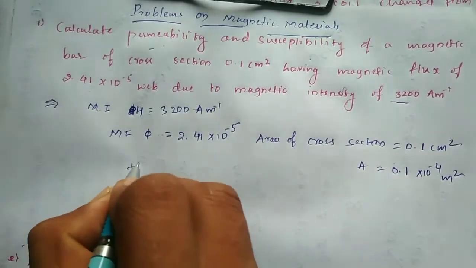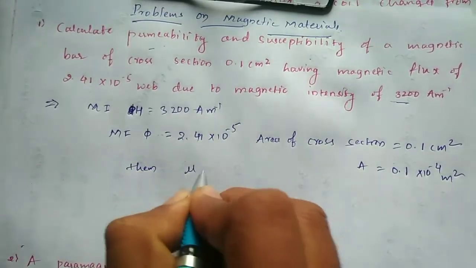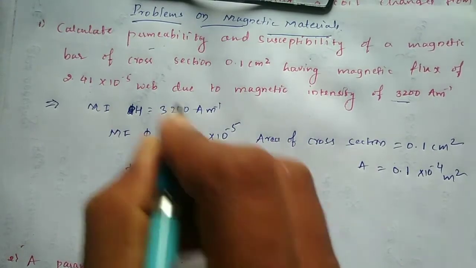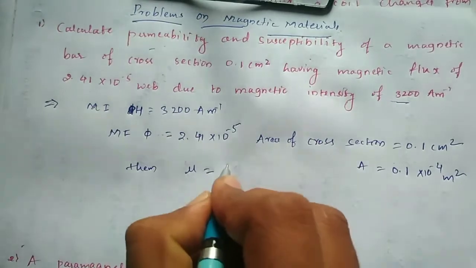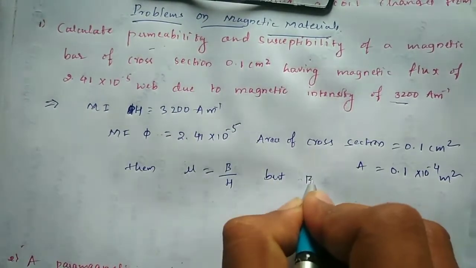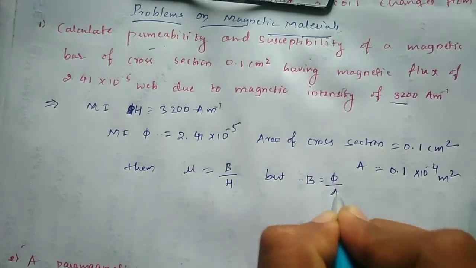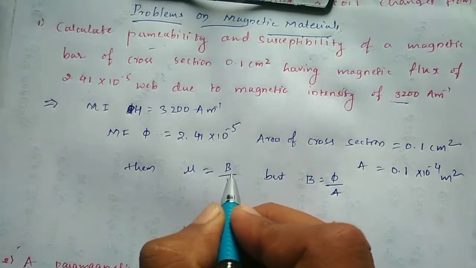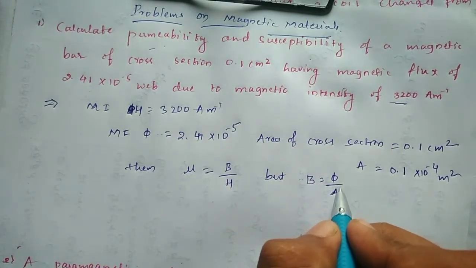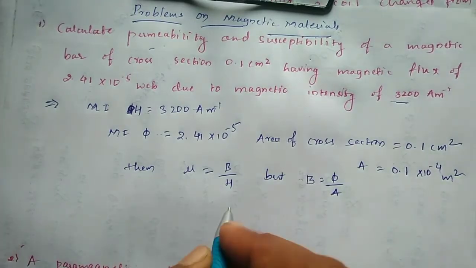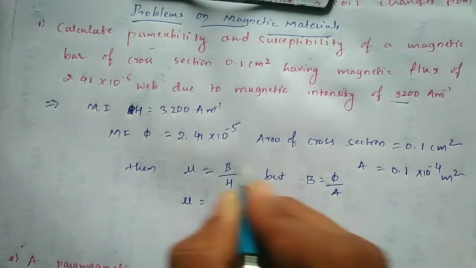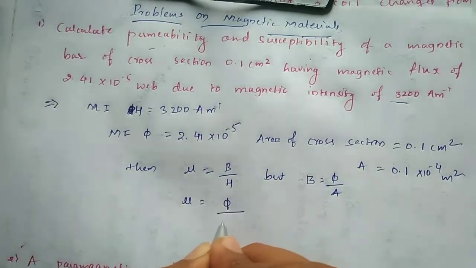Then you have to find the permeability. Permeability mu is B divided by H, but you know that B equals phi by A, the magnetic field, which is the magnetic flux per unit area. So mu equals phi divided by HA.